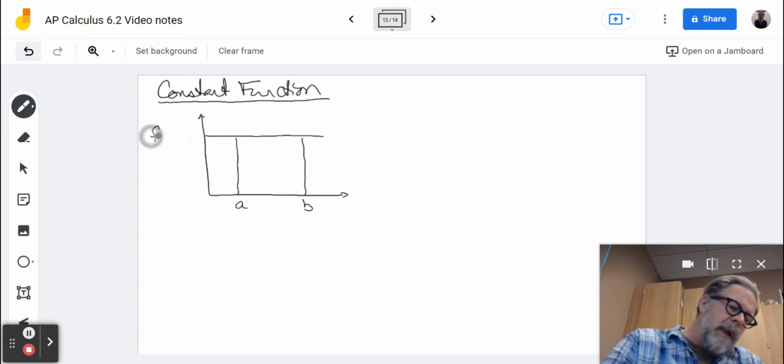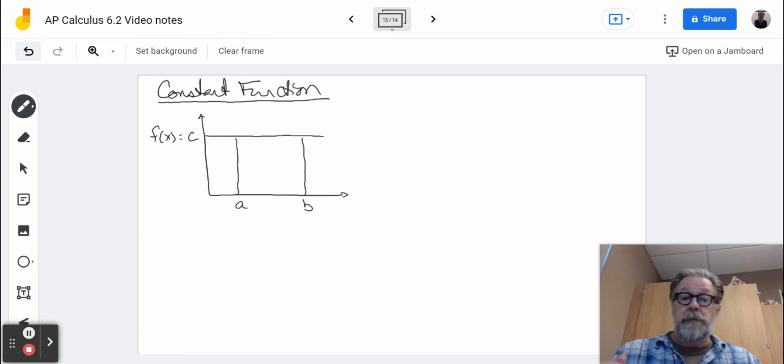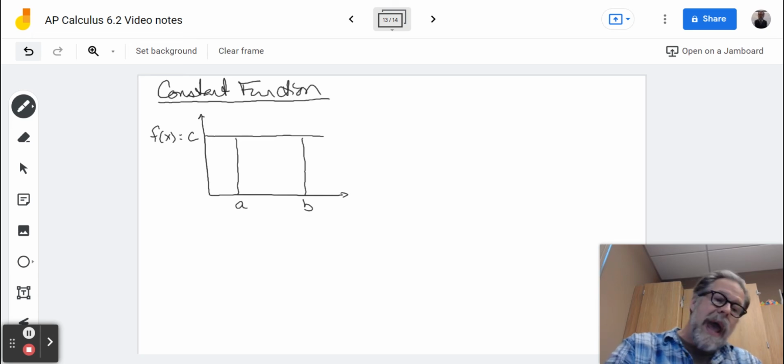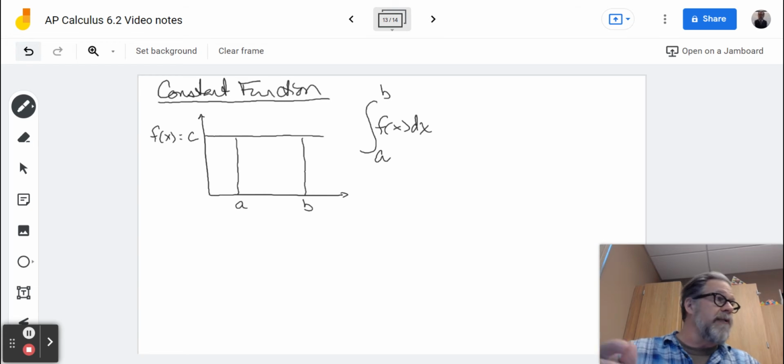So what I want to look at now is to say, let's set this function f of x equals a constant to represent, well, in this case, the speed of the ship, but it doesn't matter. And what happens when I take the integral from a to b of f of x dx when f of x is a constant function?